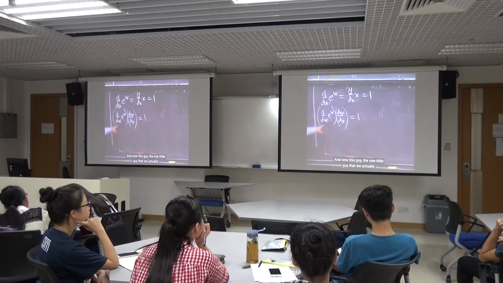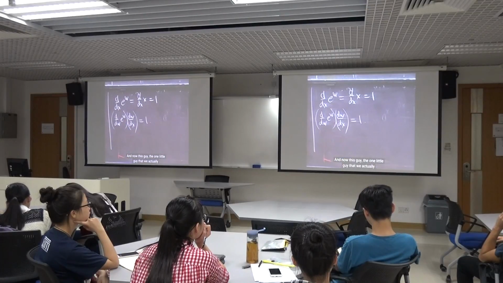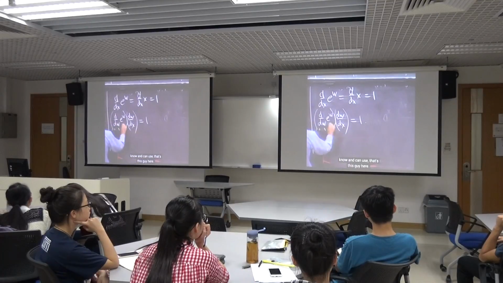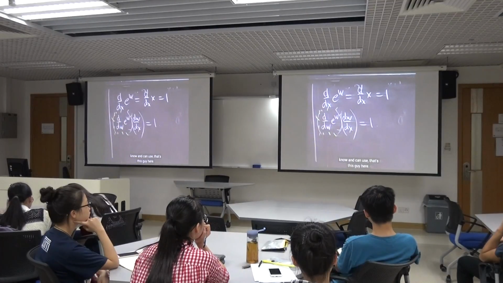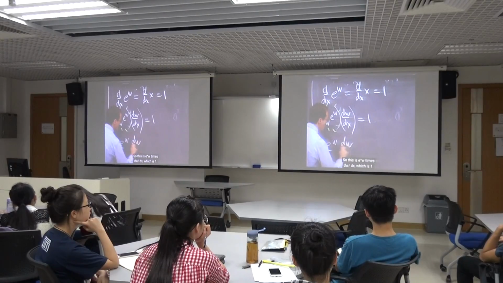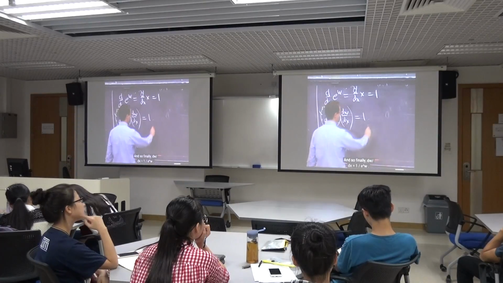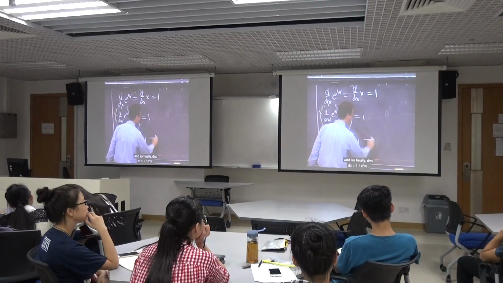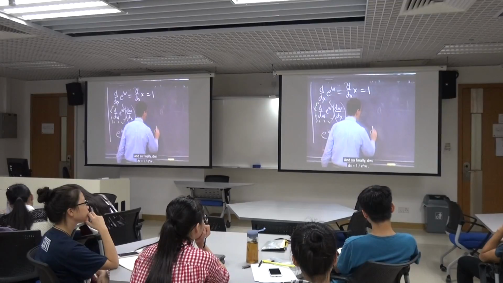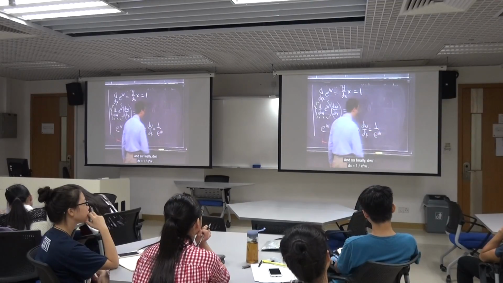And now this is the one little piece that we actually know, we can use. That's this here. All right? So this is e to the w times dw dx, which is 1. And so finally, dw dx is equal to 1 over e to the w.